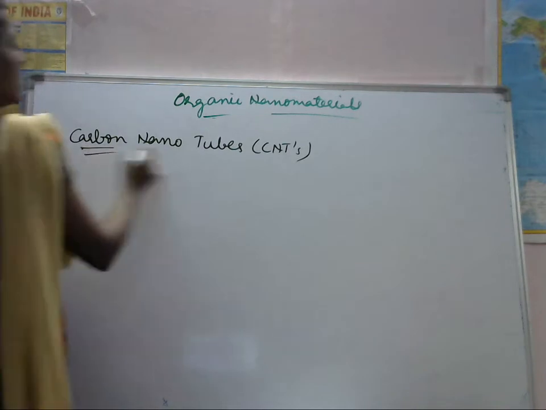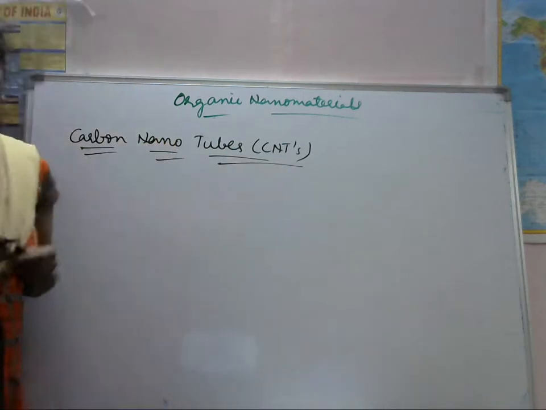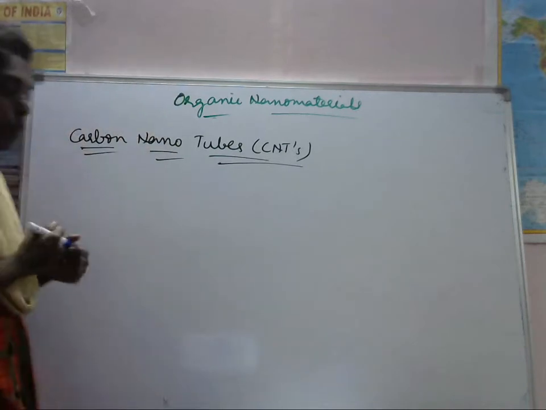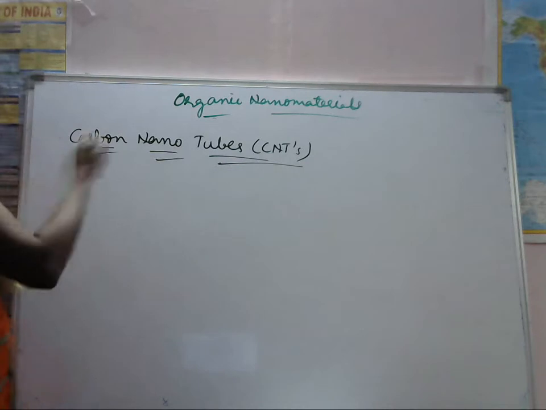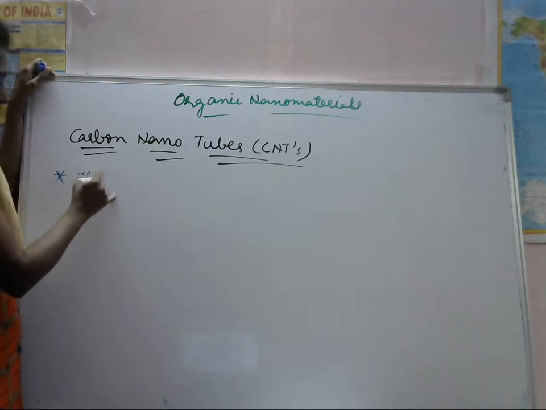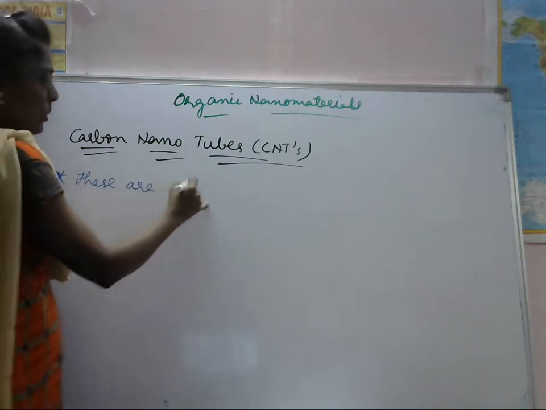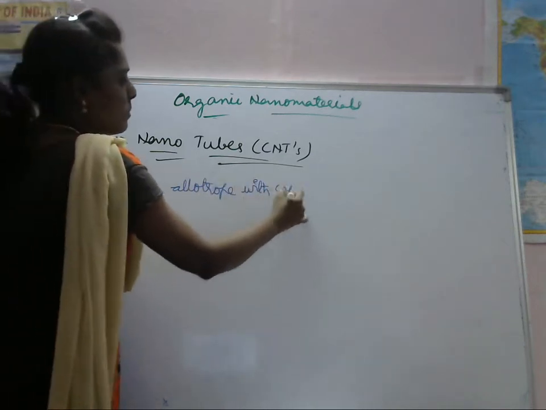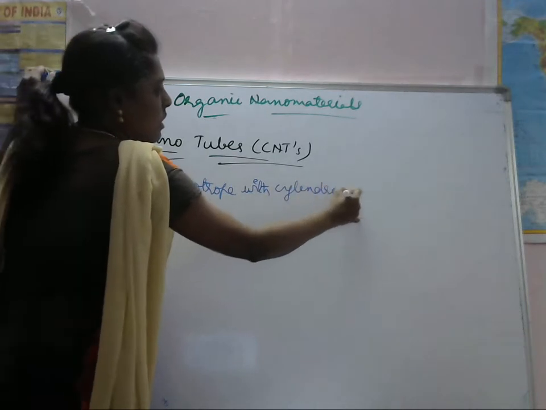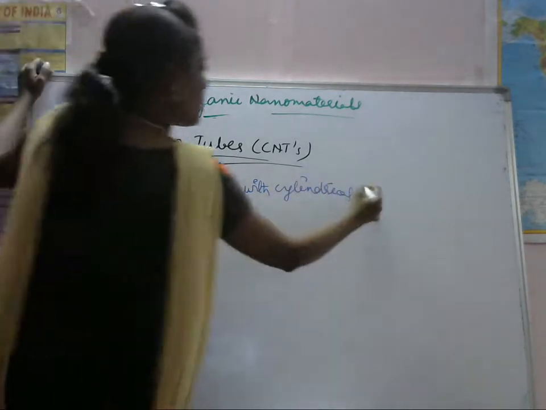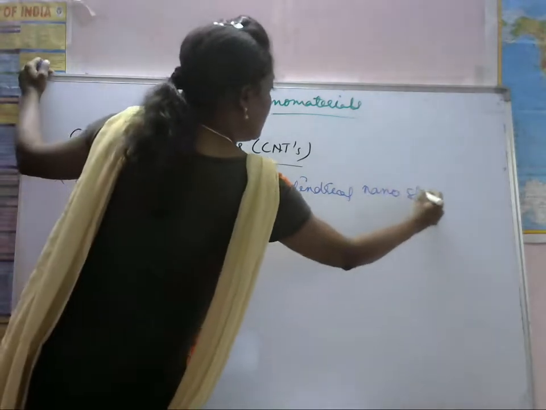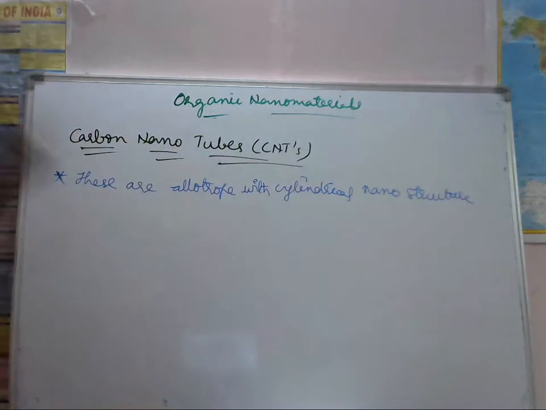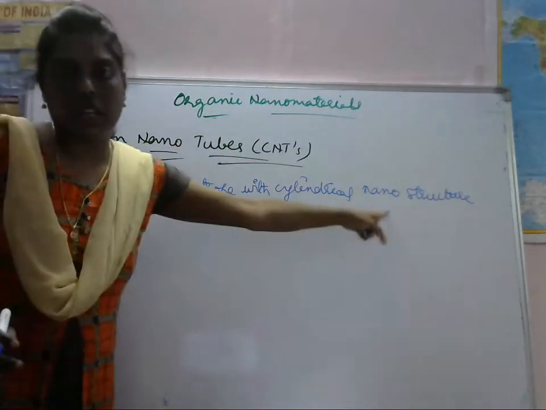These are allotropes with cylindrical nanostructure. Okay, so what are these? These are allotropes with cylindrical nanostructure.